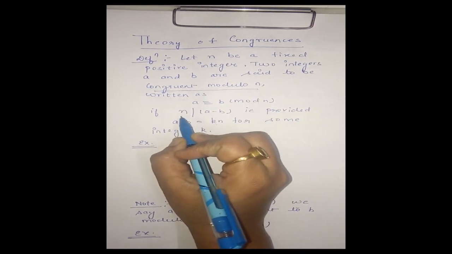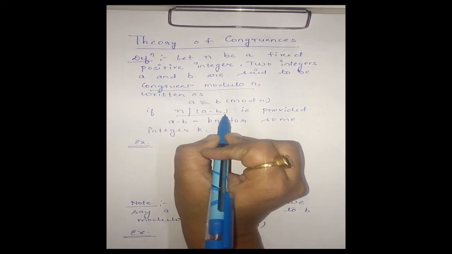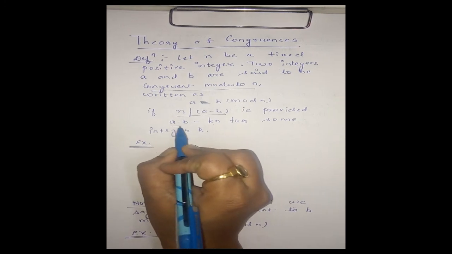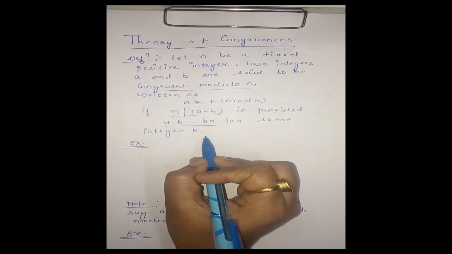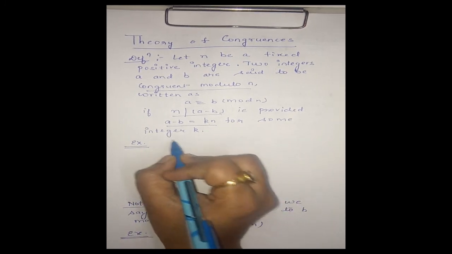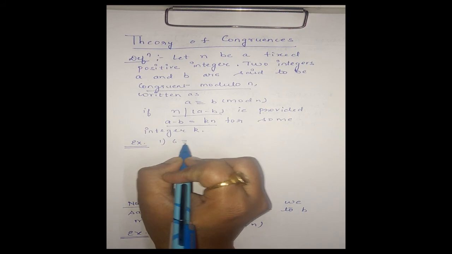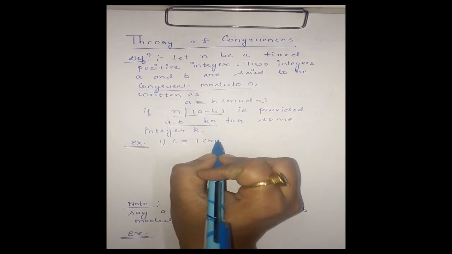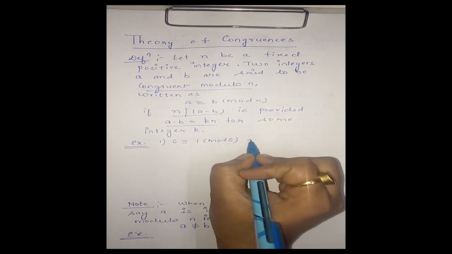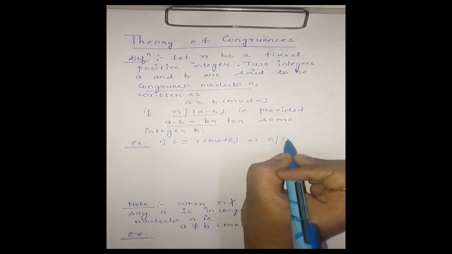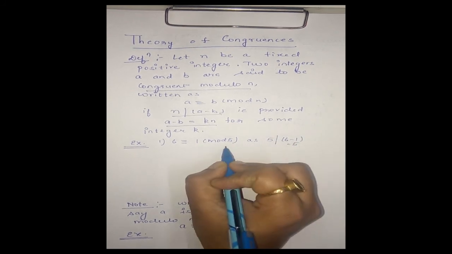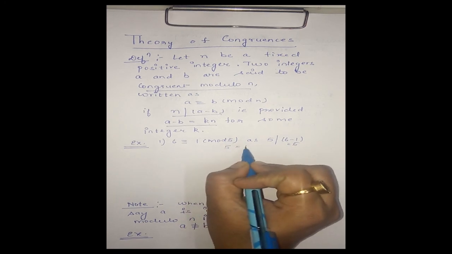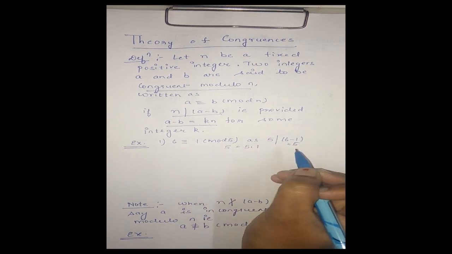For example, 6 is congruent to 1 modulo 5 as 5 divides 6 minus 1. 6 minus 1 is 5, and 5 is equal to 5 times 1.